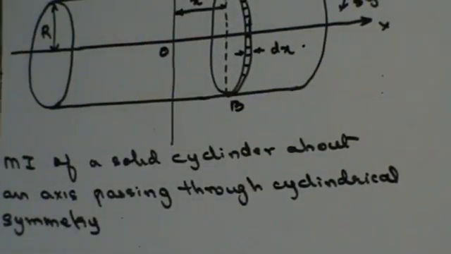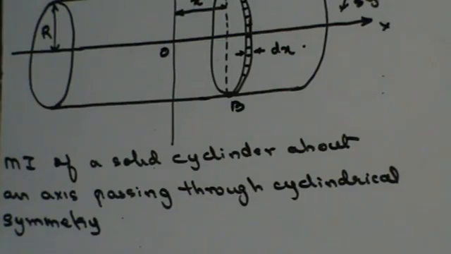The axis of cylindrical symmetry is the same as the axis of a disc, passing through the disc and perpendicular to the disc. A cylinder can be considered as a disc which has very high width, right?